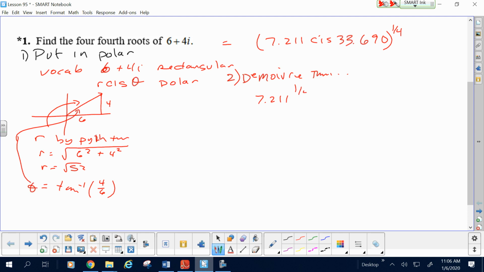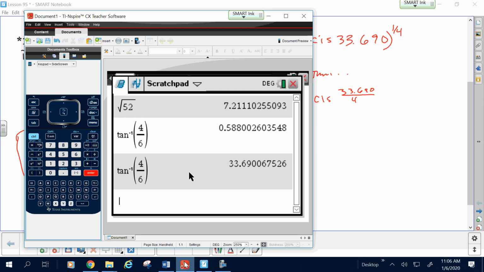So I'm going to take that to the 4th, and the angle, do I multiply it by 4, divide it by 4, take it to the 4th? Divide by 4. 33.690 divided by 4. And so when I do that, if you just scroll up to that 7.211 and grab it, but now take it to the 1/4.